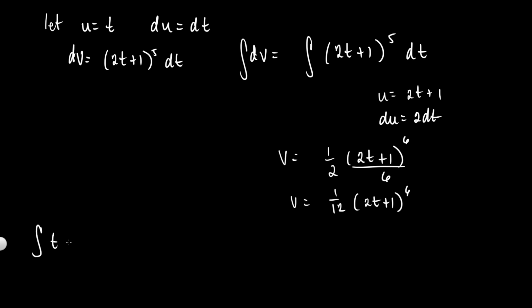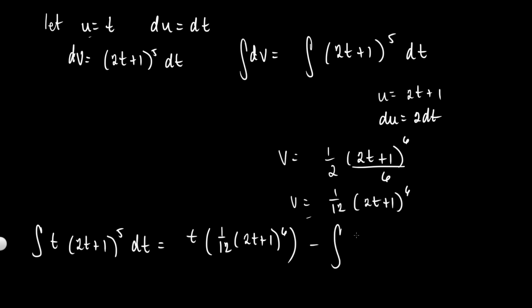Then, okay, so integral of u dv, where u is t and dv is 2t plus 1 raised to 5 dt, equals uv, so t times 1 over 12 times 2t plus 1 raised to 6 minus the integral of v, 1 over 12, 2t plus 1 raised to 6, then du.